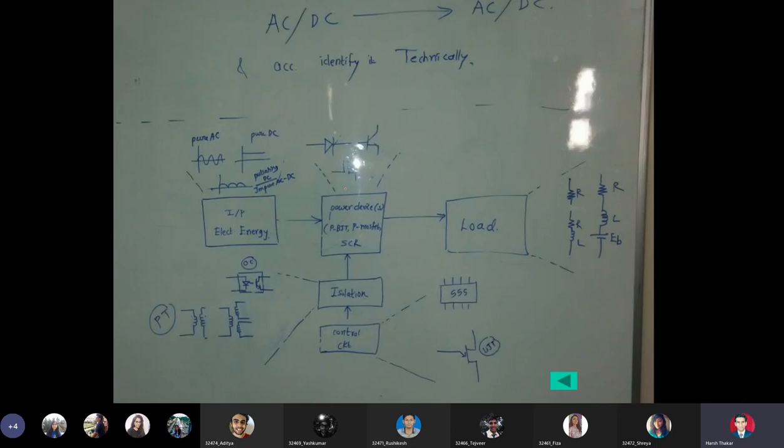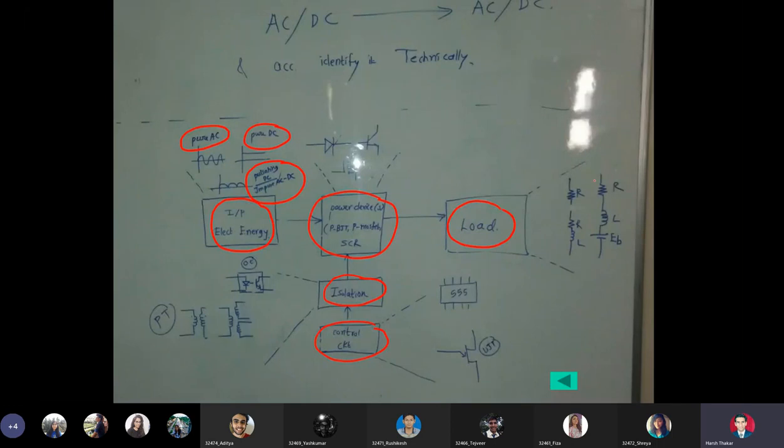As I said, for any kit which is there in front of you, you have to identify the first block, input electrical energy, the load, the power circuit in between, the control circuit, and the isolation between the control circuit and the power circuit. As we know, the input electrical energy can either be a pure AC, pure DC, or a pulsating DC. It can also be an impure AC or impure DC.